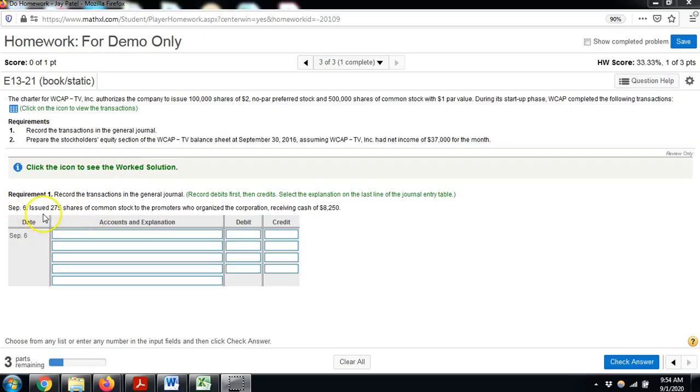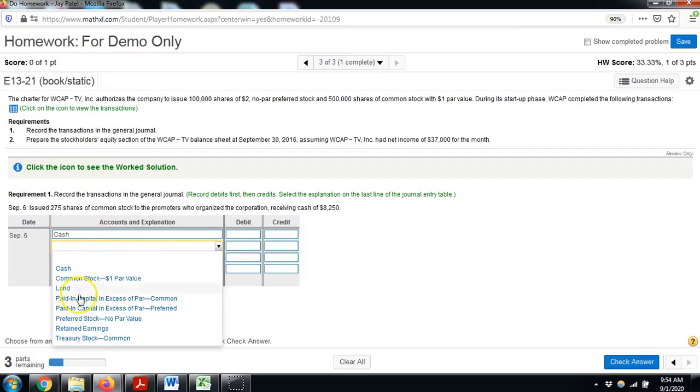We have issued 275 shares of common stock to promoters who organized a corporation and received $8,250 of cash. This is a pretty straightforward transaction. We're receiving cash, we're issuing common stock. The big difference between how we're going to do it here and how we've done it in the beginning chapters of the book is that we're now dealing with the par value and the additional paid-in capital in excess of par.